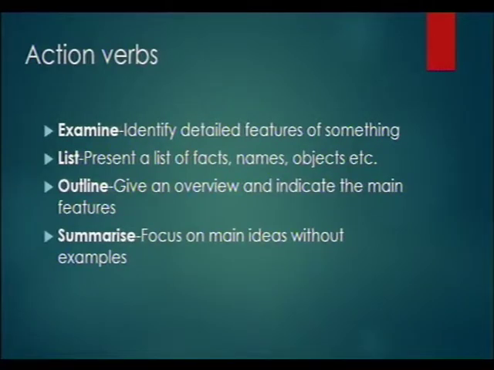It's just the presentation of facts just by giving them like that, maybe the list of facts, the list of names, the list of objects, etc., whatever is relevant. Outline, give an overview and indicate the main features. So you are doing two in one here, because you are giving an overview and you are indicating the main features in this instance. So that's what it means by outline.